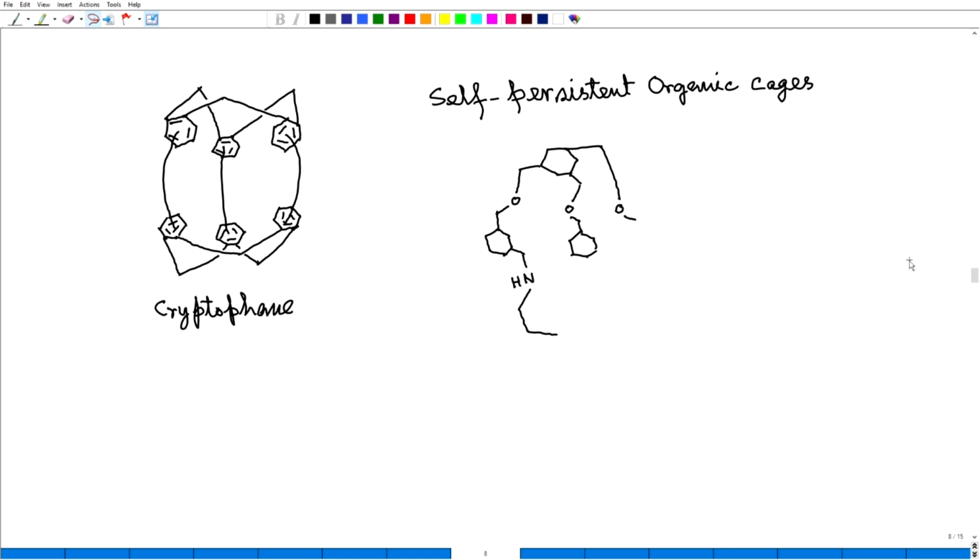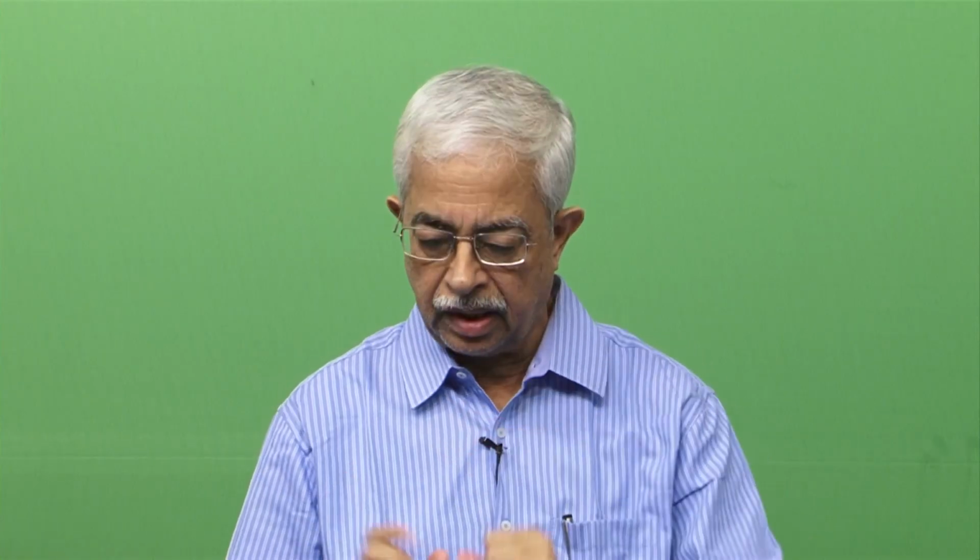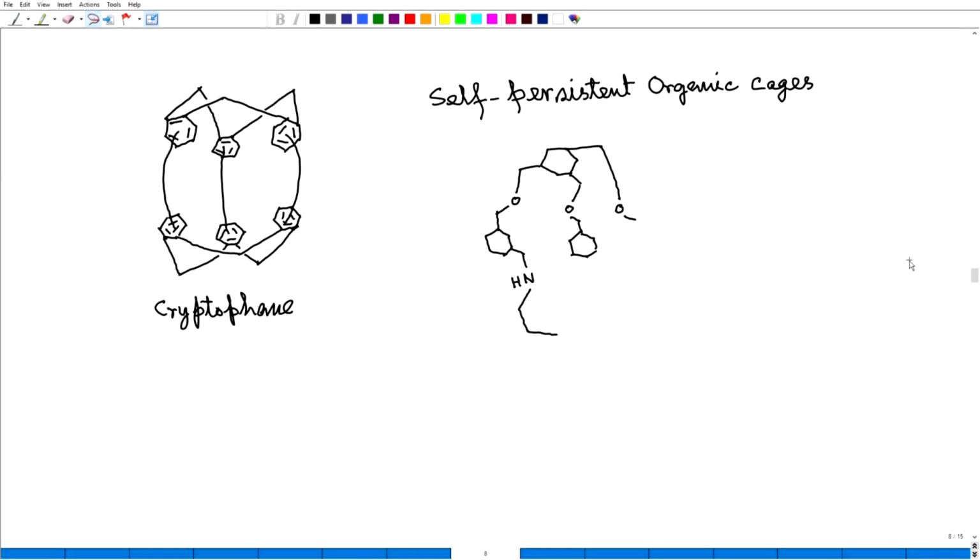Well, I am having some problem in writing this, but tell you what, I will explain it, and then another day I will write these structures. What happens is, exactly like cryptand, as we showed earlier, usually they have aromatic bridgeheads, and I am having problem in writing aromatic bridgehead. Okay, I will not try anymore.